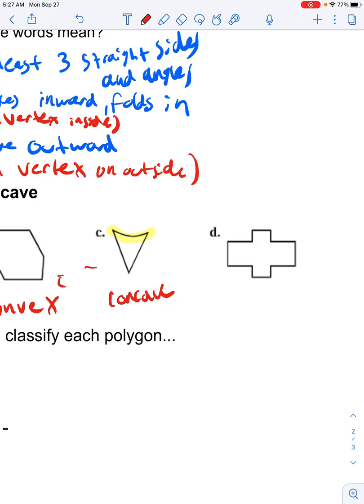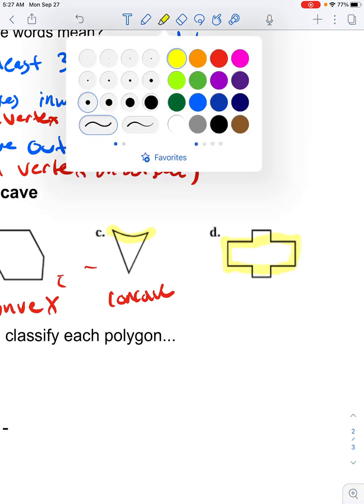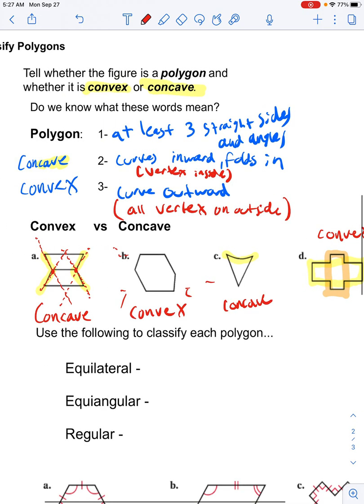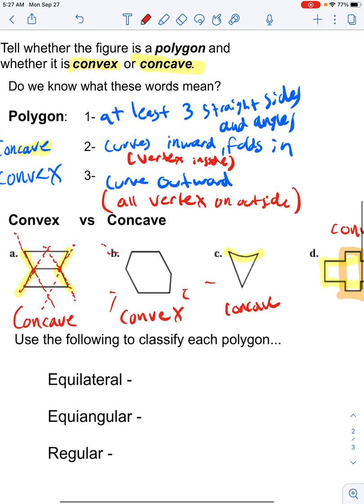And once again, whether you consider this the original shape or this the original shape, it's going to have an extra piece. It's expanding outward, so we would call this convex.